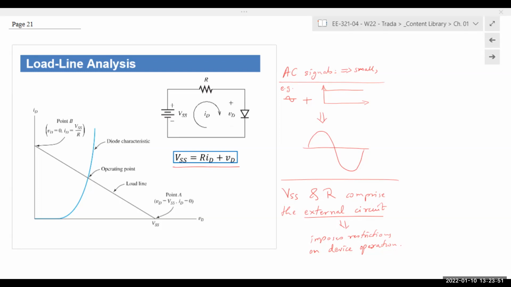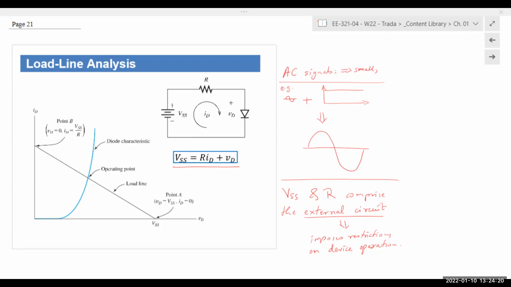You have two components in the circuit, R and the diode D. Makes sense that VSS will be divided across R and the diode D, right? R voltage, VR, is given by R times ID from Ohm's law. VD simply stands for diode voltage. So VSS is equal to R times ID plus VD. And that equation defines our load line.